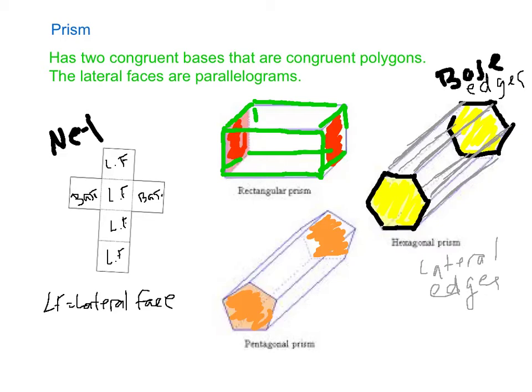If we were to look at the net, these here in black would be the base edges. And then those that are in gray are going to be the lateral edges.